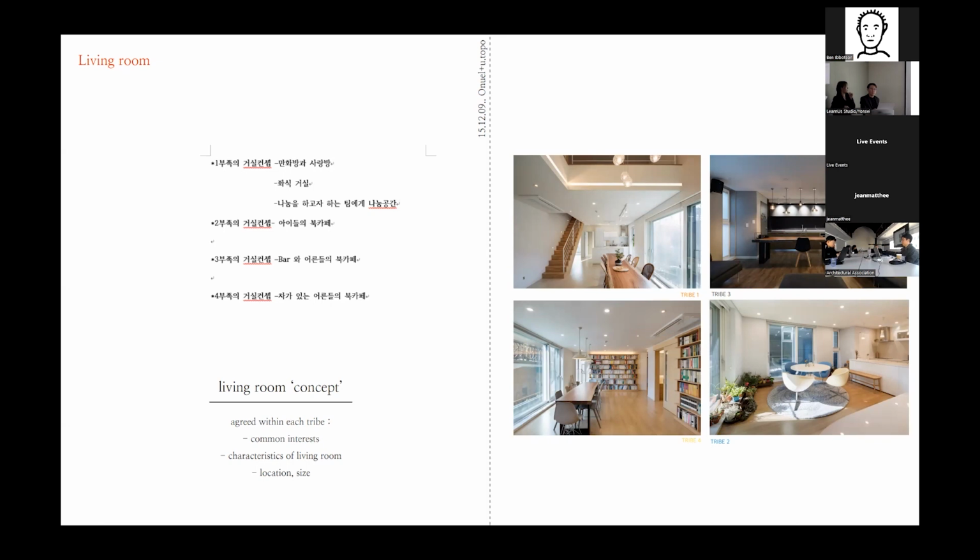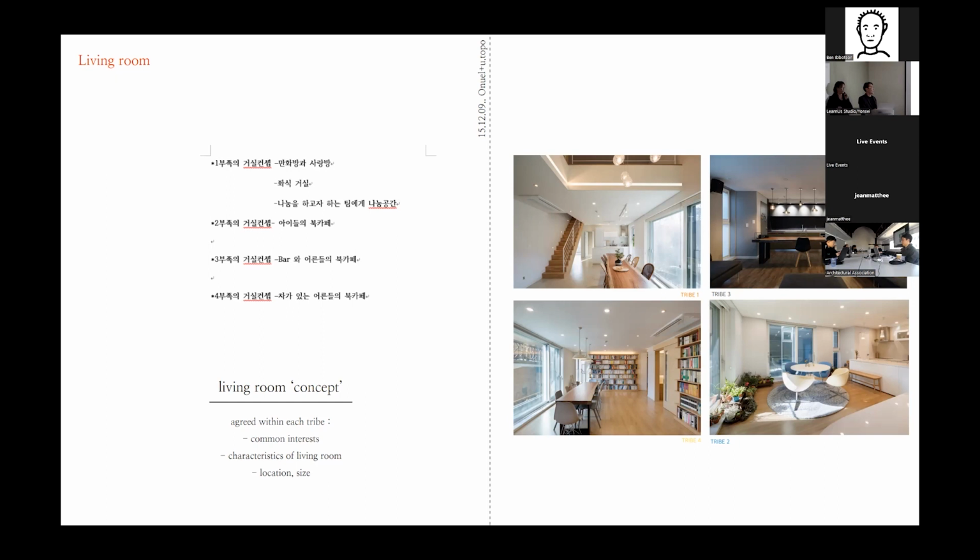For example, tribe 1 living room like manga bang, animation bang, or a very comfortable living room in the Korean way, for sharing and more like a very informal talking space. Tribe 2, children's book cafe or library. Tribe 3, bar and book cafe for adults.